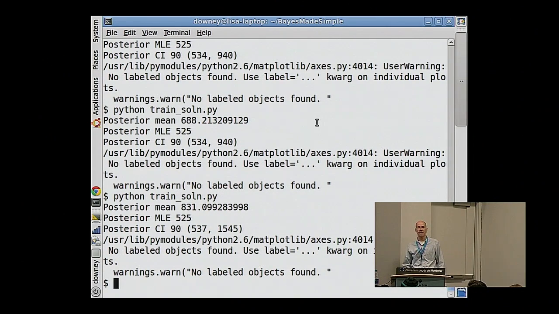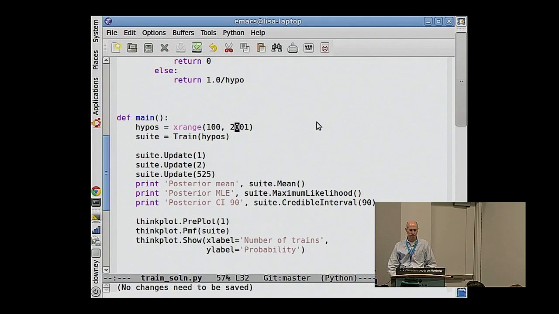Other questions? If we were to add more data, say you observed train number 4, train number 50, train number 72, all much smaller than the maximum? Yes. Is the reason that the curve gets smaller because we just haven't observed things that are larger than the maximum? Right.